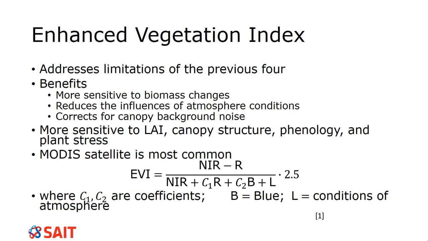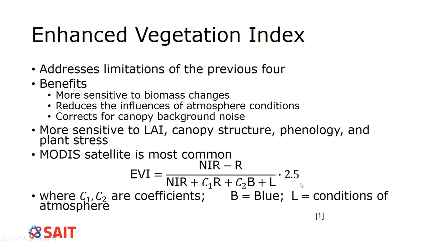And so we have our C1 and C2, which are coefficients that have been calculated either through least squares or they're given to you depending on which satellite you're using. Then we also have B, which is the blue band. We added that in. Why? Because of atmospheric conditions. Then we also have L, which is the conditions of the atmosphere as well. So we have like 2 components. And this 2.5 does change depending on which satellite you're using.